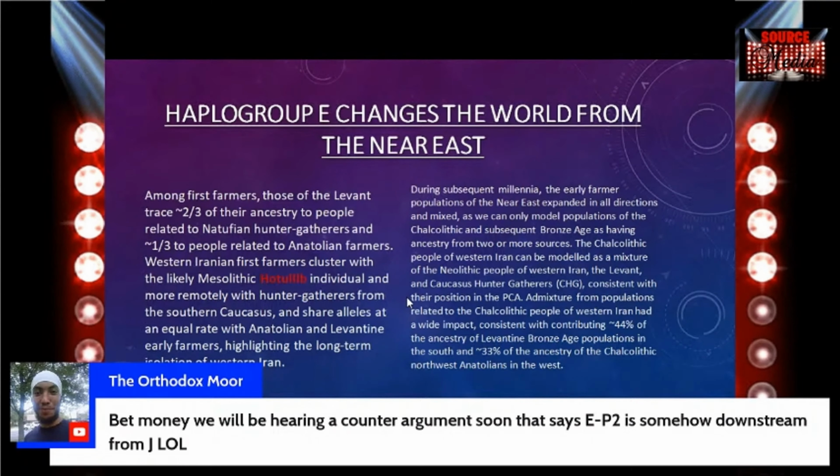Admixture from a population related to the Chalcolithic people of Western Iran had a wide impact, contributing 44% of the ancestry of Levantine Bronze Age populations in the south, and 33% of the ancestry of Chalcolithic Northwest Anatolians in the west.